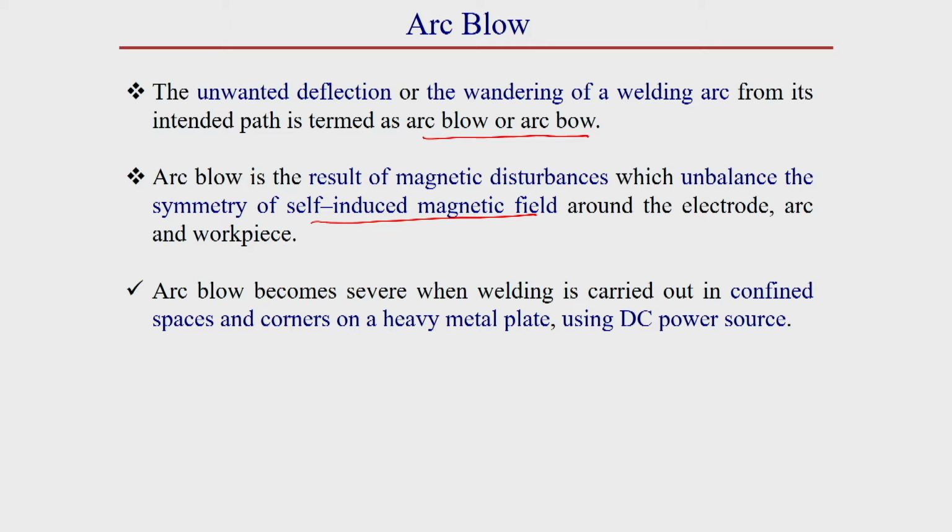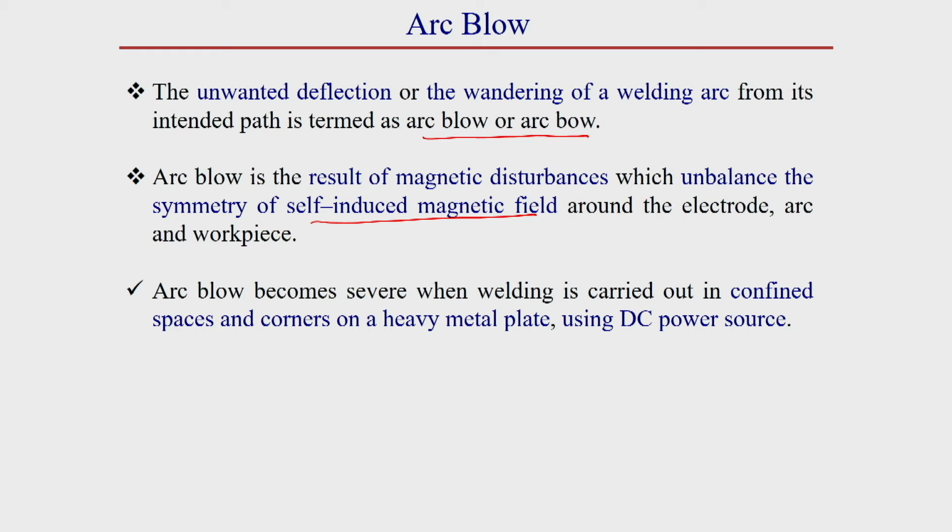This asymmetry of magnetic field distribution occurs through the arc as well as electrode as well as workpiece, because wherever there is a flow of current, there will be a magnetic field. So if there is magnetic disturbance, then everywhere the self-induced magnetic field is also disturbed. Due to this disturbance, magnetic arc blow occurs.